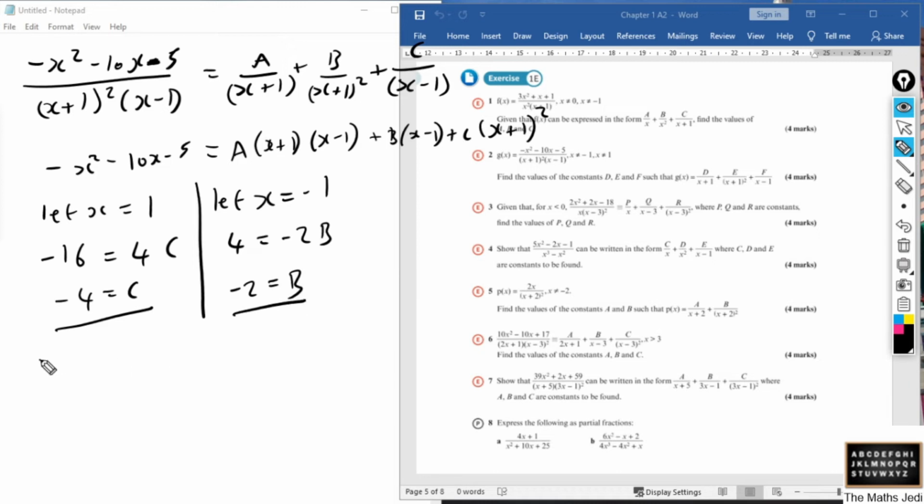And then just as before, I'm going to do a slightly different method to them. I'm not going to equate coefficients of x squared, although I could. I'm going to work my way through and just understand how to get a just by using a very simple substitution. So I'm going to let x be 0. If I do that, I'd have 0 here, minus 5. And then 1 times minus 1, so it's minus 1, so it's minus a.